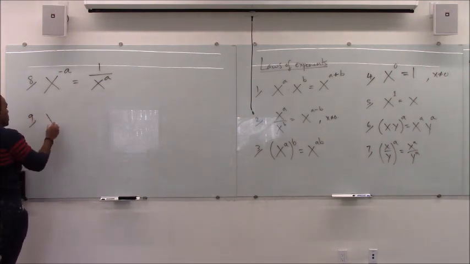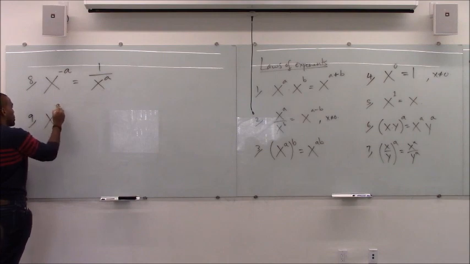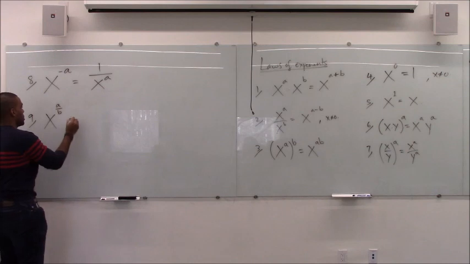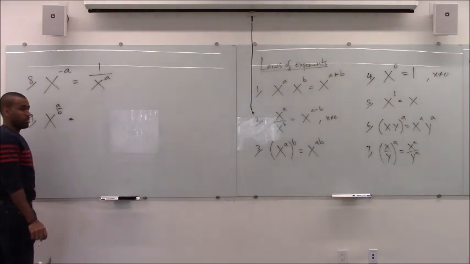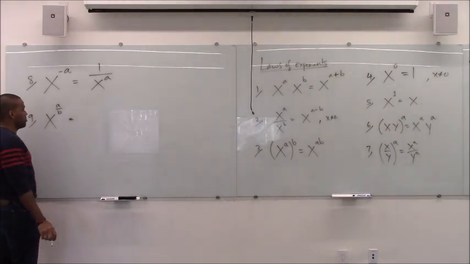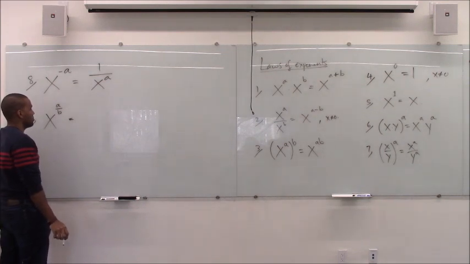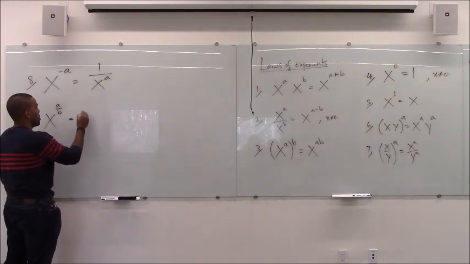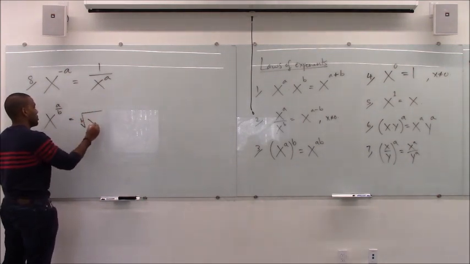9. What if you have a fraction in the power? X to the a over b. It would be the square root of x, and then the b would be on the outside of the square root. The b-th root of x, and a on the inside.